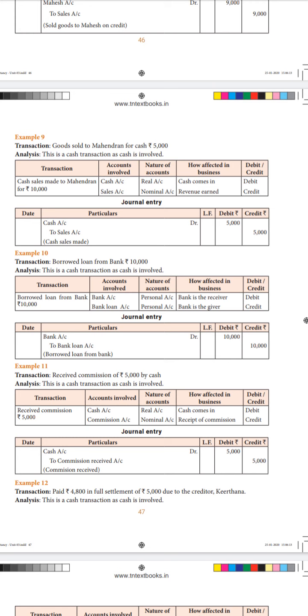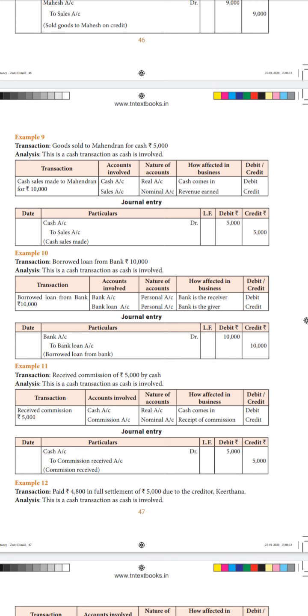Okay, so here I'll just give you a hint. Whenever you see purchase account, say goods purchased from Mahesh on credit, the purchase account will always be debited only. So you will write purchase account debtor to Mahesh.